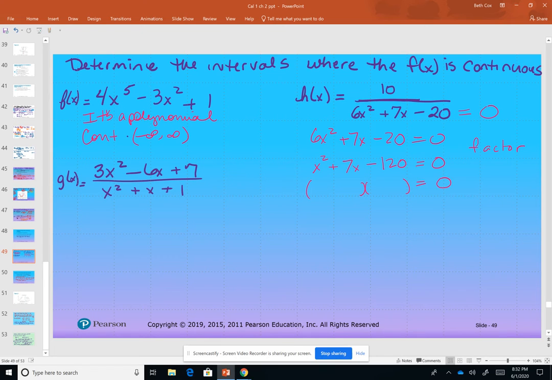I need two numbers that multiply to give me 120 and that add or subtract, in this case subtract, to give me 7. All right, I'm going to think about that for just a minute. It's not 12 and 10. It might be 15 and 8.